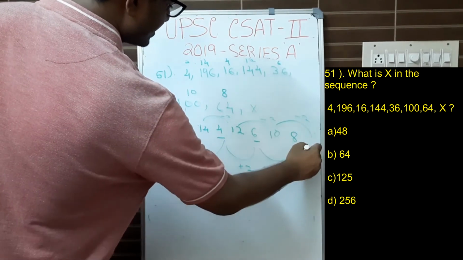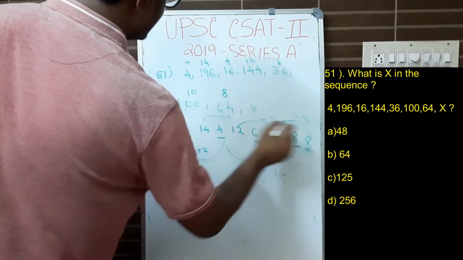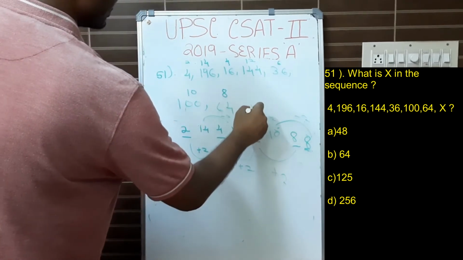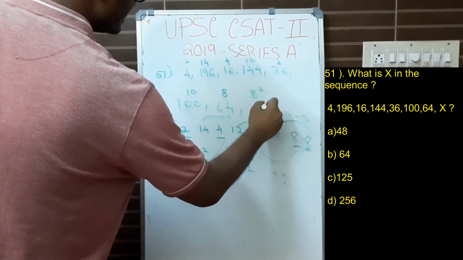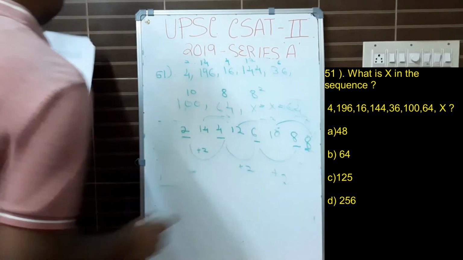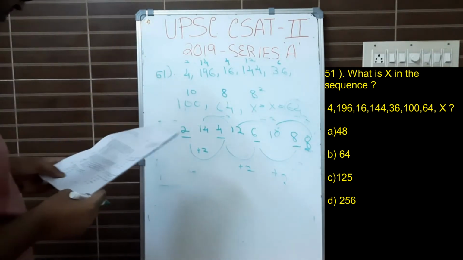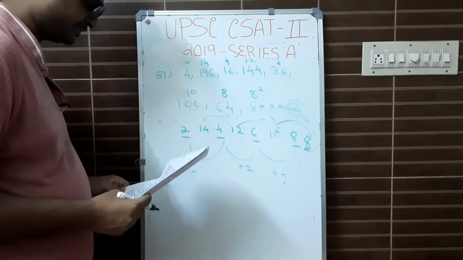So this number over here would be a minus 2 of 10, minus 2, that is 8. And the actual number that you are supposed to get here is a square of this 8. 8 square is equal to x is equal to 64. So let's see whether 64 is in the options. Yes, B 64 is the answer to this question.